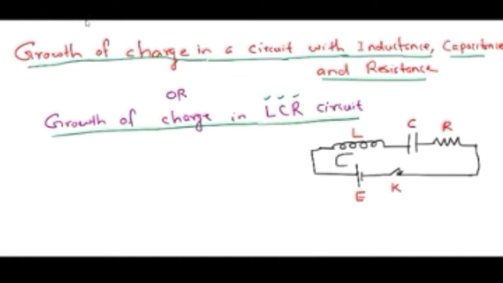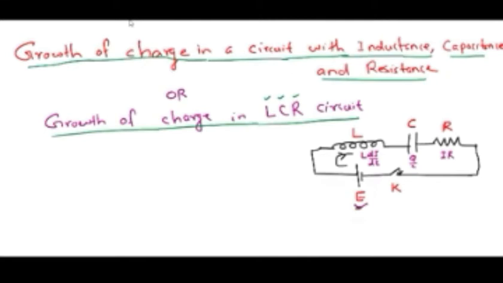Then the applied voltage E will be distributed across the inductor, the capacitor and the resistor. The voltage across the inductor is L di by dt, the voltage developed across the capacitor is Q by C, and the voltage across the resistor is I into R.